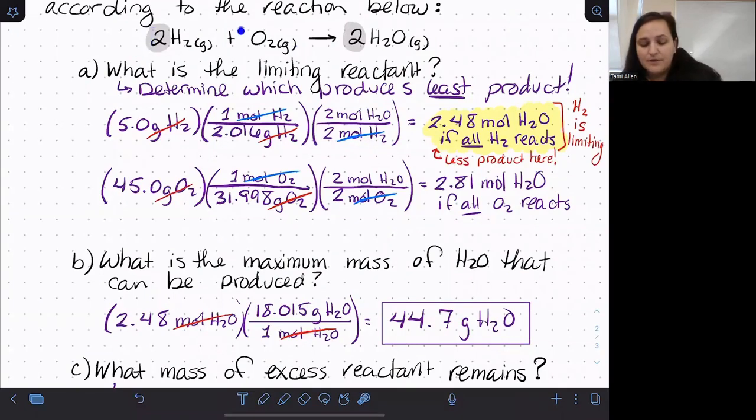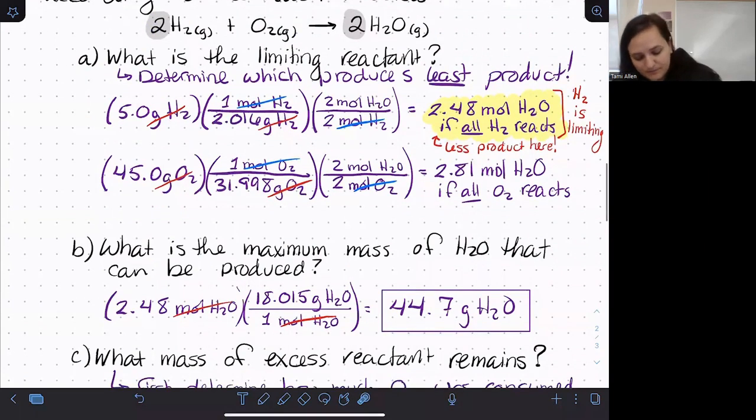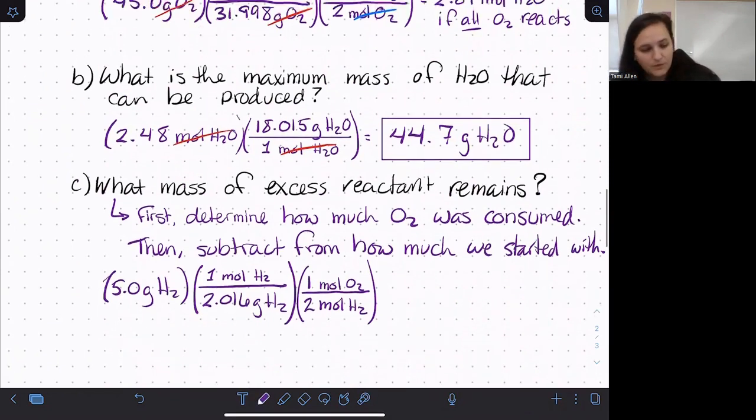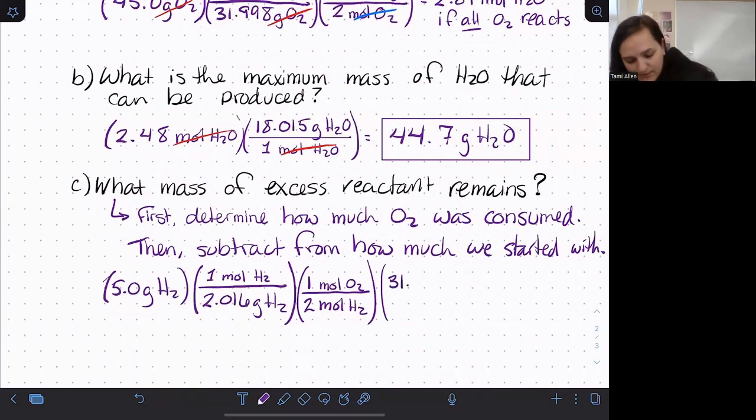2 moles of hydrogen reacts with 1 mole of oxygen. So the 2 goes on the bottom and the 1 goes on the top with the way our units need to be set up. And then last but not least, we can convert that to grams using the molar mass of oxygen, which is 31.998.